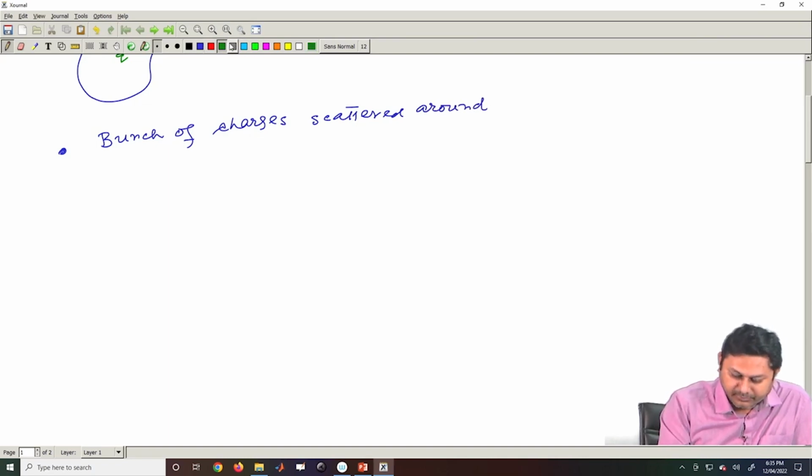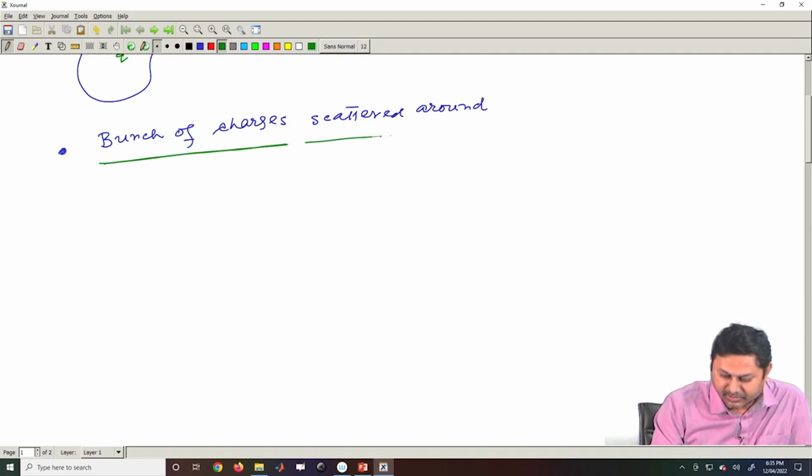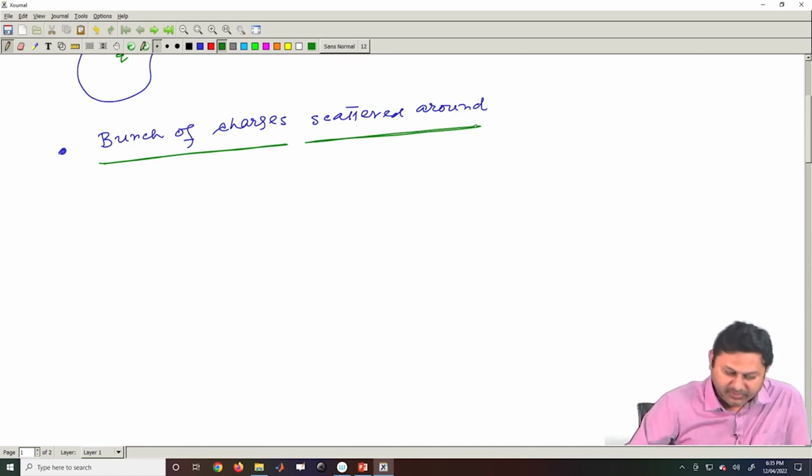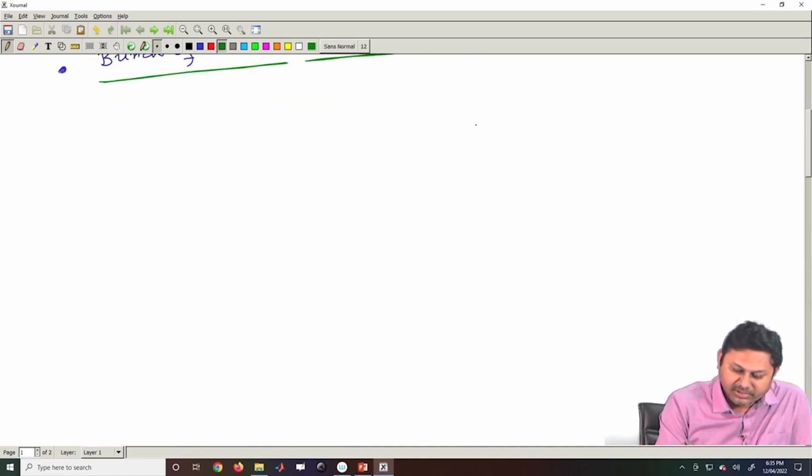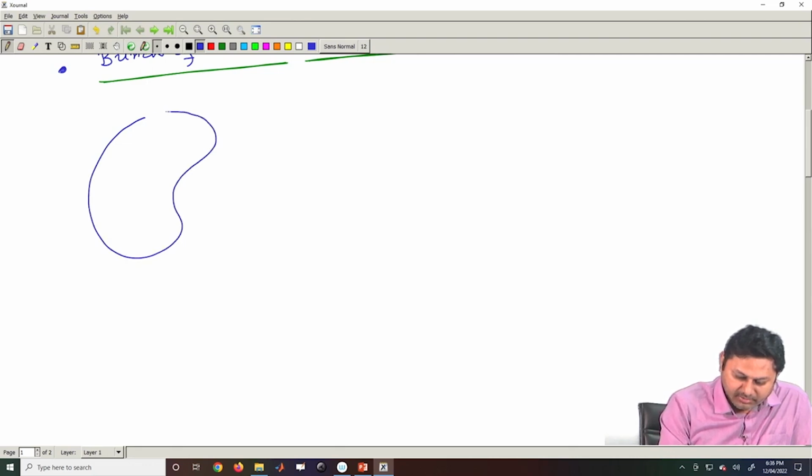Instead of having one charge, say I have a region where all the charges are scattered, q1, q2, q3, qk.